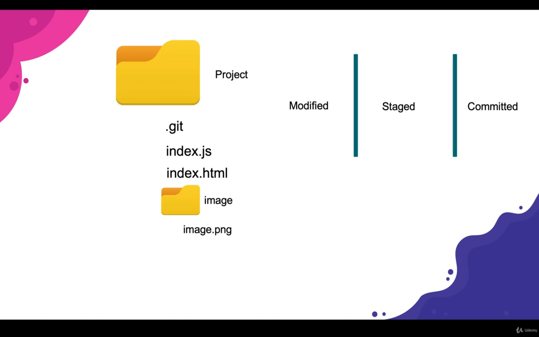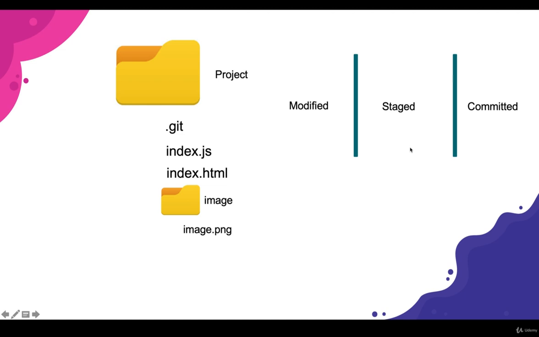We don't know whether we want to commit these files and create these save points or not. If we decide to commit, we can add this file into the staging area. That means we are saying to Git that we want to commit the changes in the index.js file, and we want those to be included in the commit.